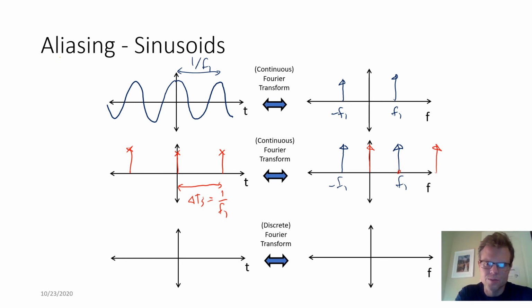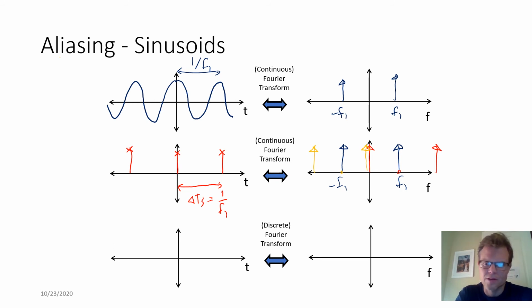And here I'm going to add some more colors. In fact, we get another copy from the repetition on the other side of the Fourier transform.